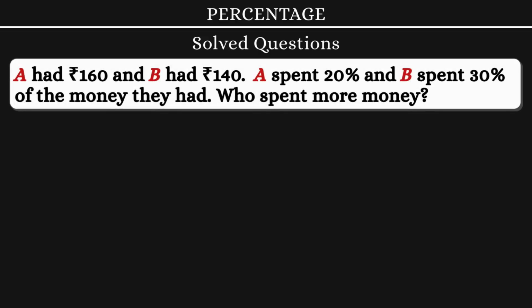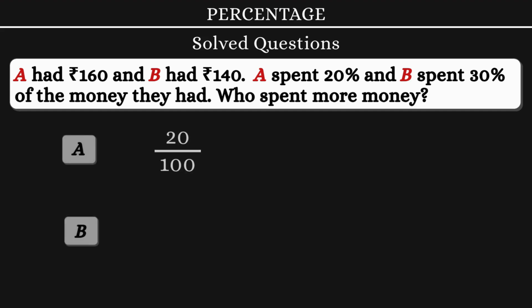A had 160 rupees and B had 140 rupees. A spent 20% and B spent 30% of the money they had. Who spent more money? This is clearly a question on comparison. So let's first find out the amount of money spent by both the people.